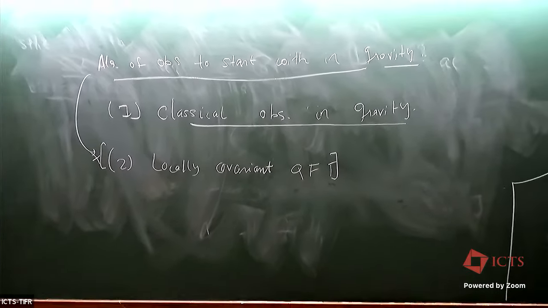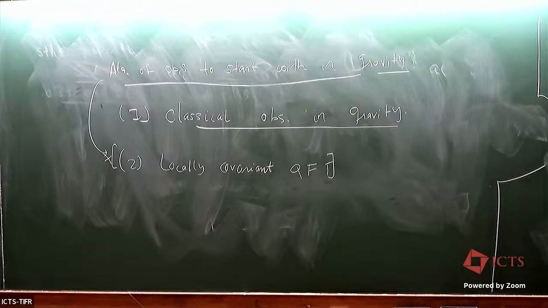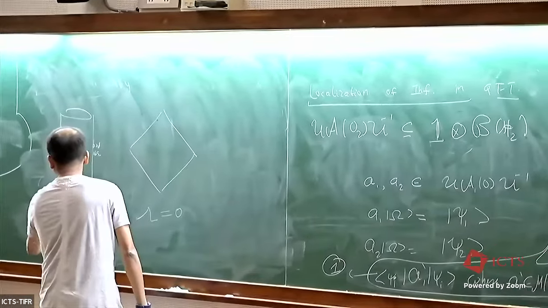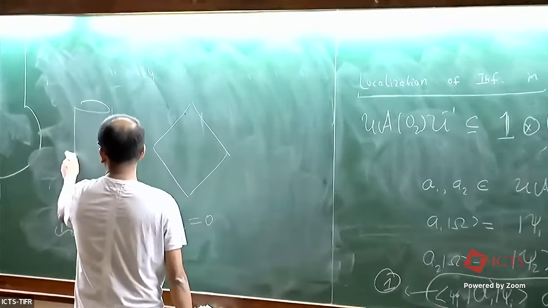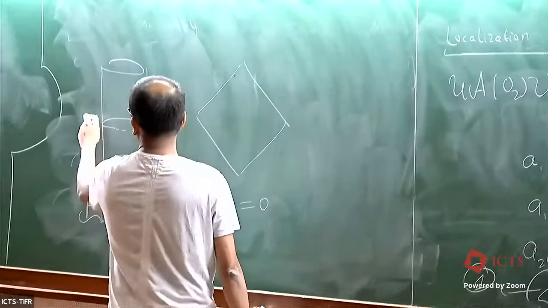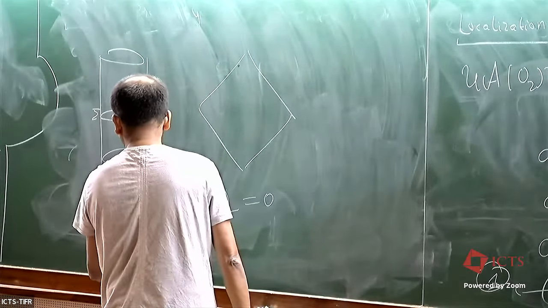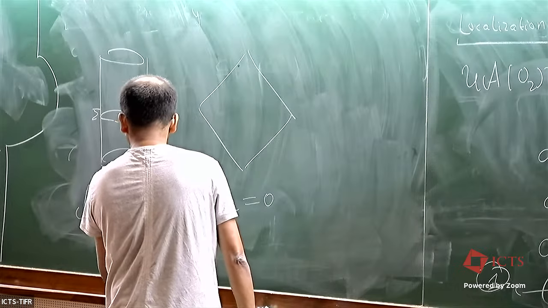So we can deal with two cases, and then one class of observables which are gauge invariant or diffeomorphism invariant are what are called boundary observables. For example, in asymptotically AdS spacetimes, one way to define them is to take a Cauchy slice on the boundary and then look at the stress tensor in the Fefferman-Graham gauge localized on the boundary.